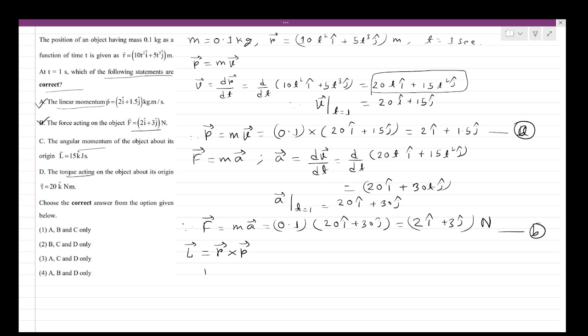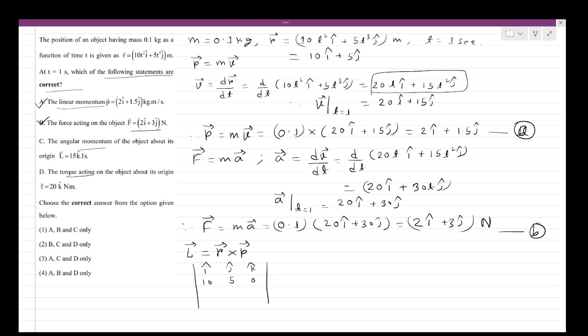So we write i cap, j cap, k cap. The r vector at time t equals 1 will be 10 i cap plus 5 j cap. It will be 10, 5, 0.